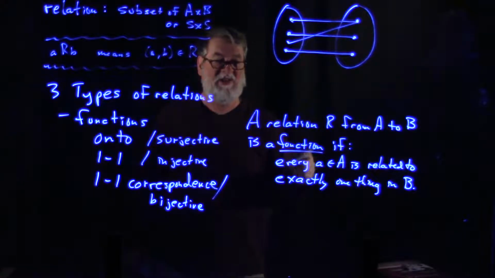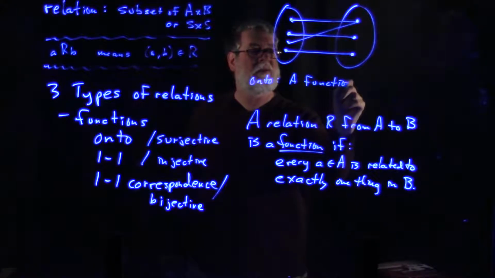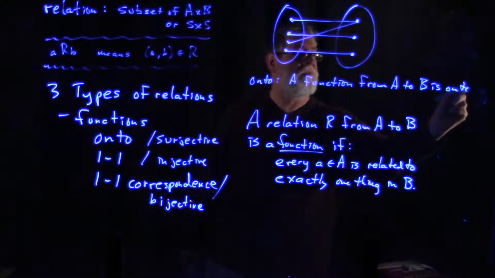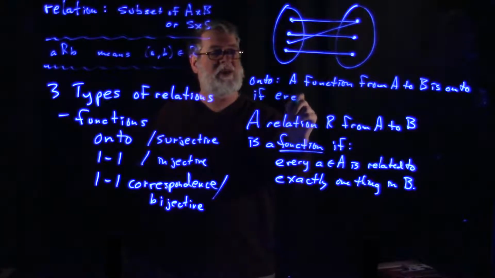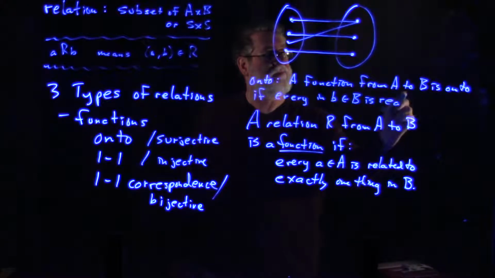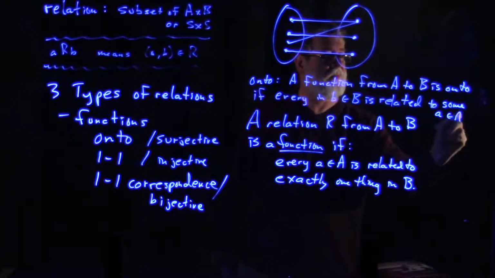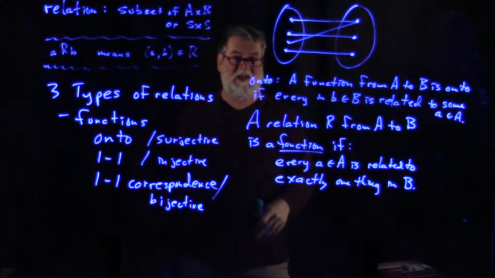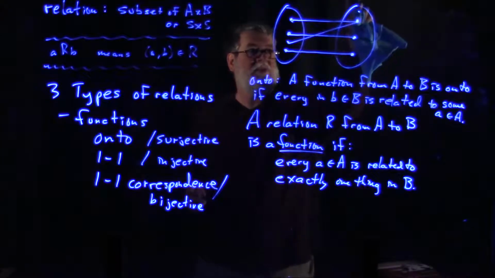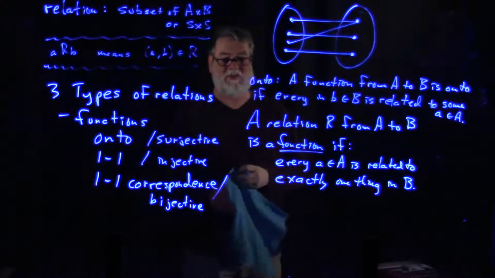So onto specifically, a function from A to B is onto if every b in B is related to something in A. All that means is that you have to have a line landing everywhere over here. If you have an extra one here, it's not onto. In other words, if the range is equal to the codomain, it's onto. If it's different, it's not onto. It's into, but not onto.